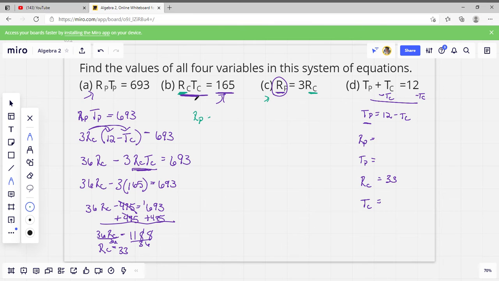RP equals 3RC. RC is 33, so RP equals 3 times 33. 3 times 3 is 9. 3 times 3 is 9. RP equals 99.